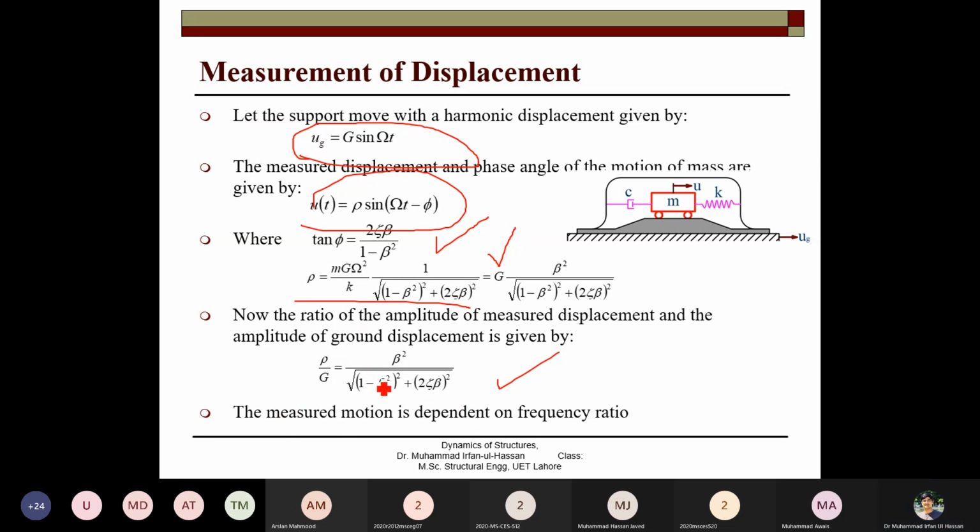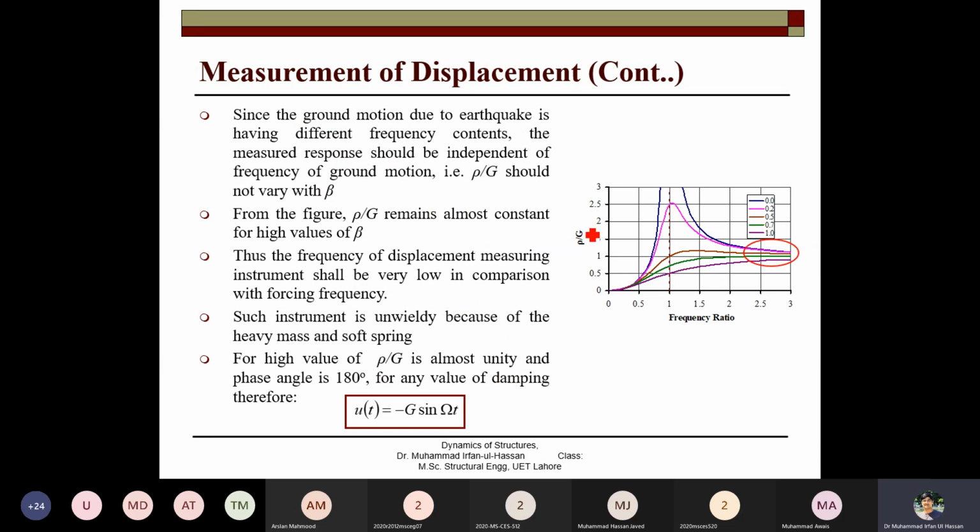The measured motion is again dependent on the frequency ratio. When you plot rho over G against frequency, you see that in the case of ground motion measurement, these are constant after beta larger than 2. So when you are making an instrument for ground motion measurement, we have to keep beta larger than 2.5.